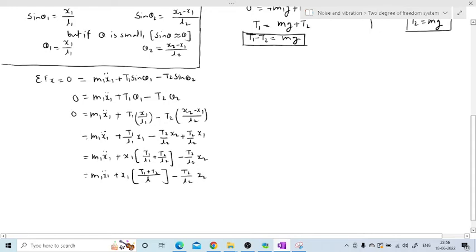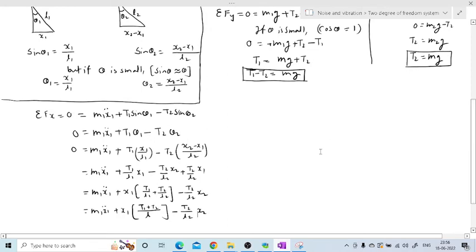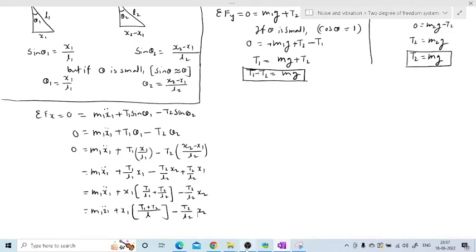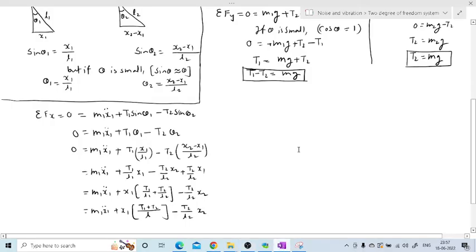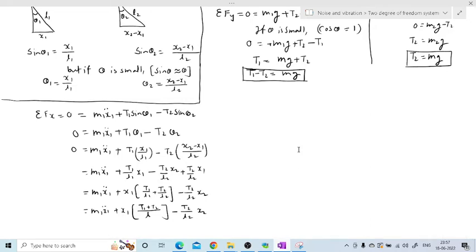Now just check the values of T1 and T2. So we got the relation that m1 x1 double dot, we will have to put the value of T1 and T2.